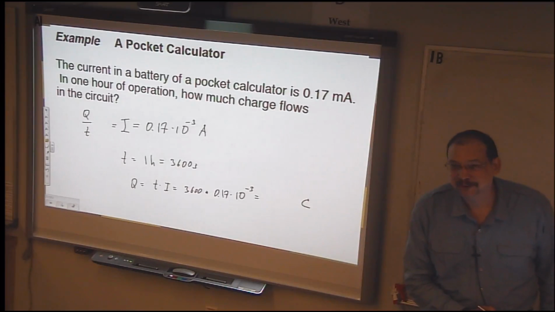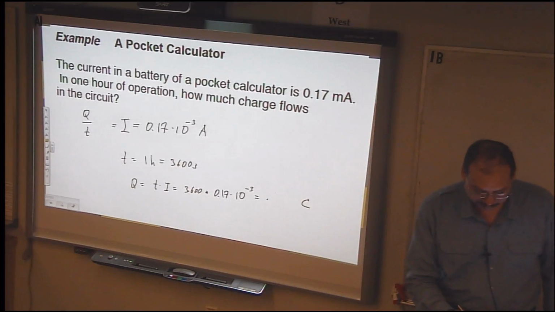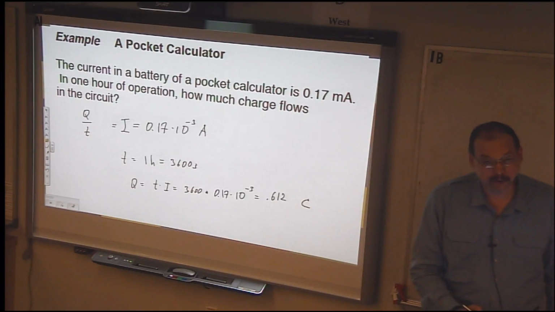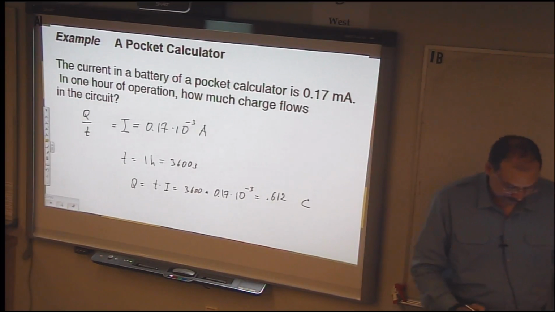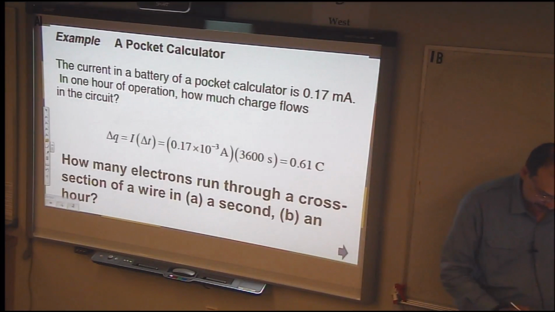Cannot hear you, please. 0.612 coulombs. It's actually a large charge, you know. Elementary charge is 1.6 times 10 to the negative 19th. So it requires a huge number of electrons to travel. And the next question naturally is, how many electrons did travel?